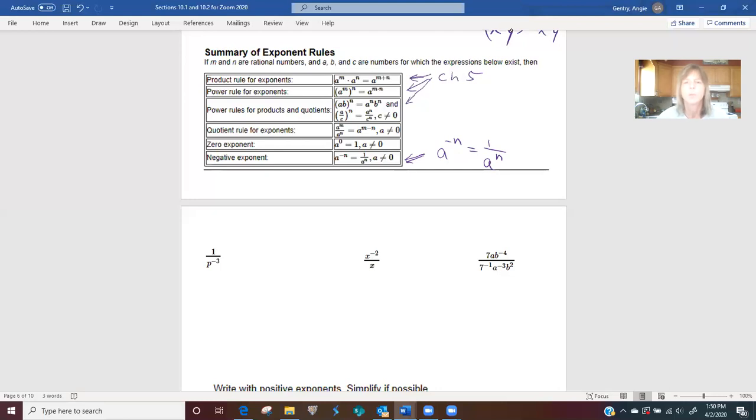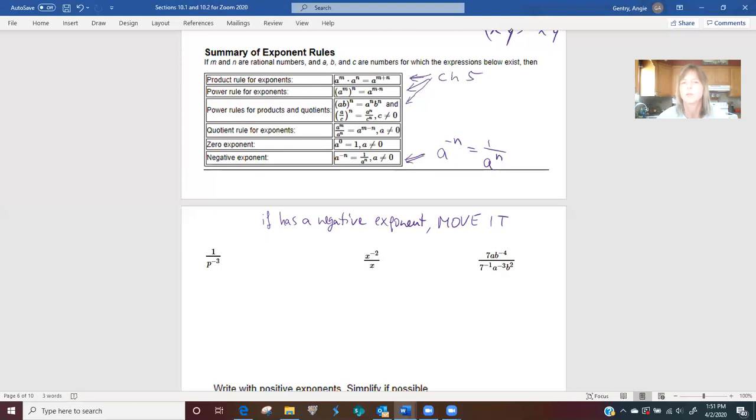So what I want you to remember is if it has a negative exponent, that doesn't make the number negative. You move it. And in class, it's much easier because I just holler, you move it, you know. So if it's downstairs, you move it upstairs.